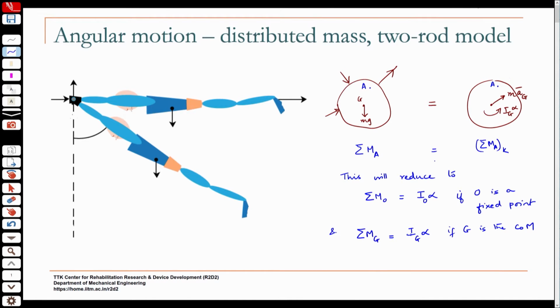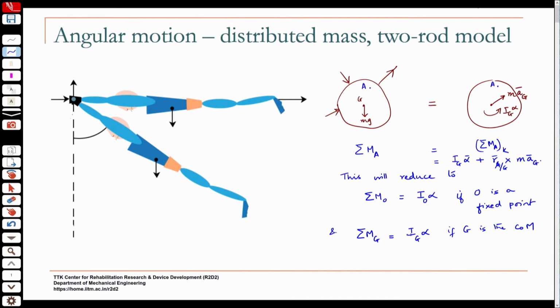So, here it will be equal to Ig alpha plus r of A relative to G cross m a_G.